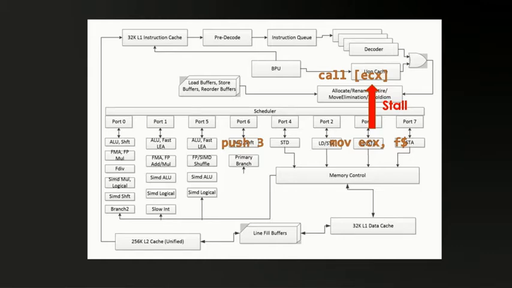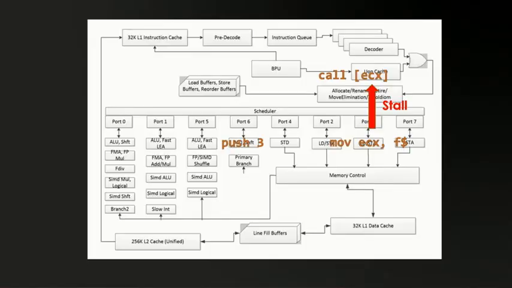It's not that straightforward. So if you're lucky, if you're really, really lucky, the value of F exists somewhere on the chip that's really, really close to the execution units. If you're really, really lucky, it's in a store buffer somewhere. And then it's only going to take like 2 or 3 cycles for you to get the data from F into ECX, which is then going to figure out, hey, this is where I need to transfer my execution. This is the address of the next instruction that I need to execute.